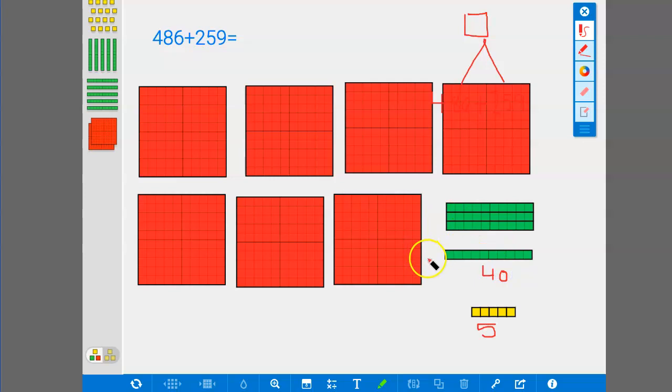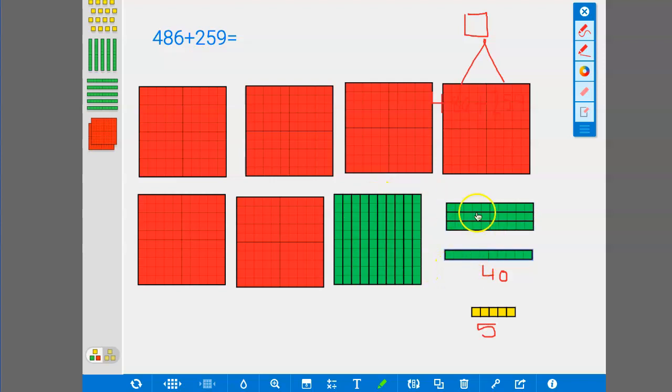Now it wasn't just 40. Remember, this was the group that we regrouped. So remember it was like this? We had it like this. So it wasn't just 40, it was 140. So look, 1, 2, 3, 4, 5, 6, 7, 8, 9, 10, 11, 12, 13, 14.